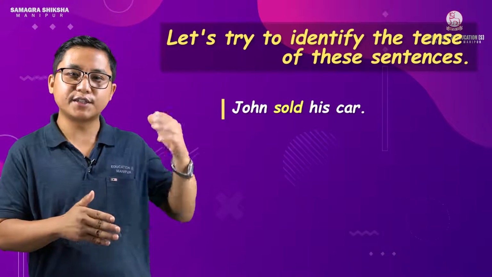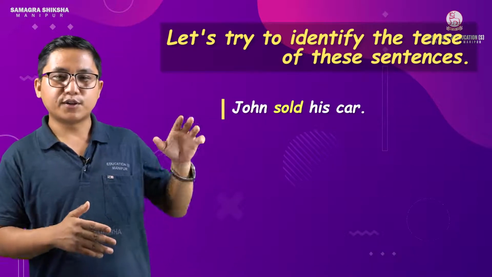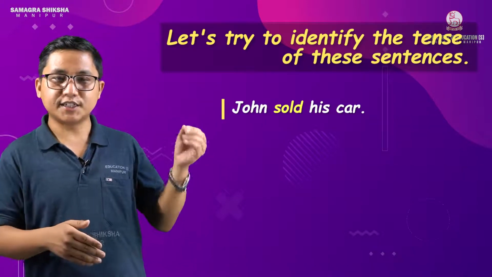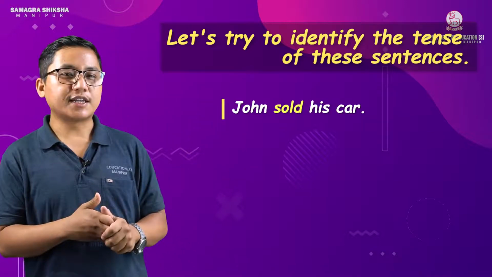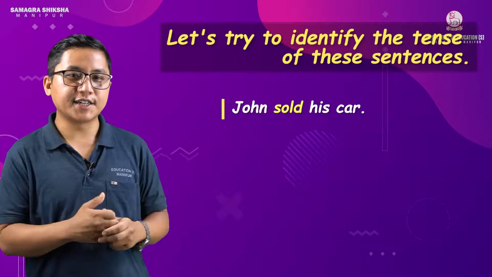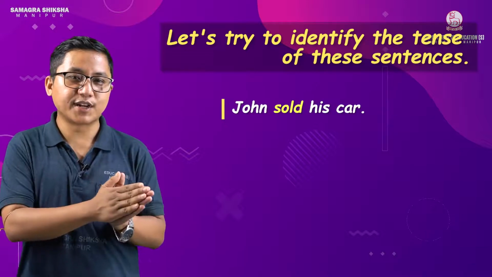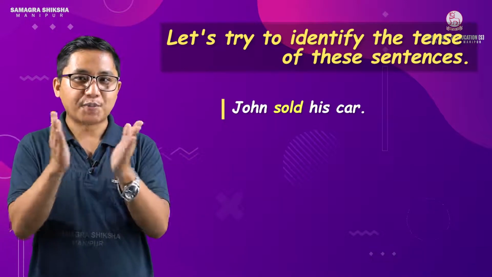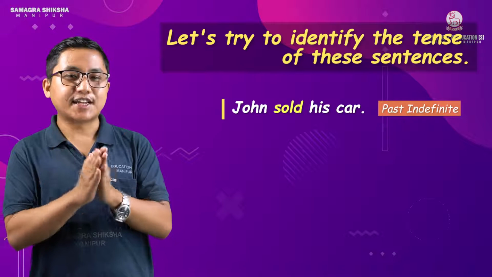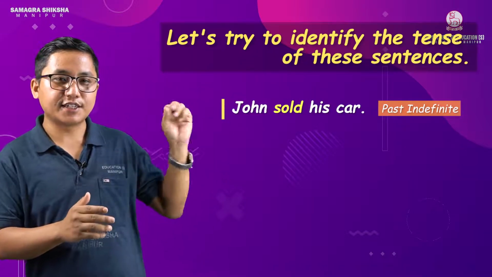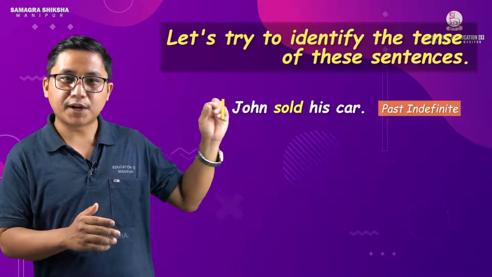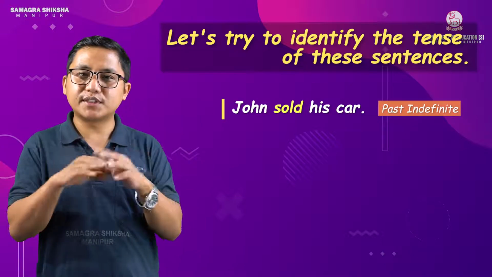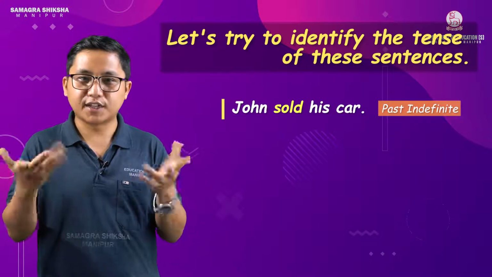The verb is not written in continuing form, not with had or had been, just in the second form. So it is past indefinite. We are dealing with the past, and we do not know the definite timing of selling his car.